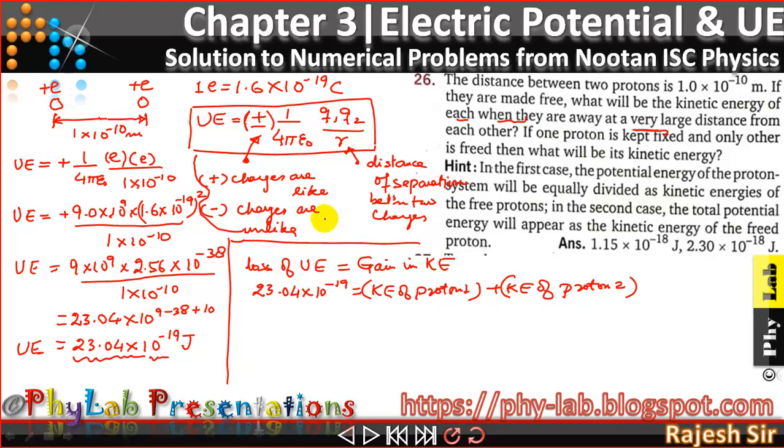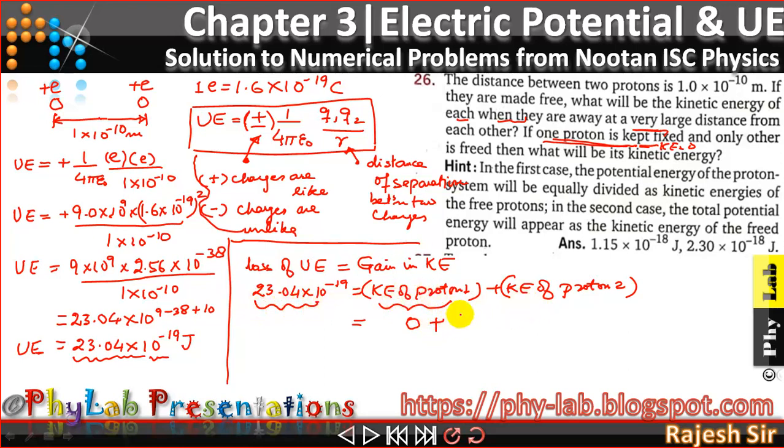Now when we are referring to the second problem, they say that one proton is kept fixed. If one proton is kept fixed, then the kinetic energy of that proton will be equal to 0, isn't it? So the kinetic energy of proton 1 will become 0, and the entire stored potential energy will be shared by proton number 2.